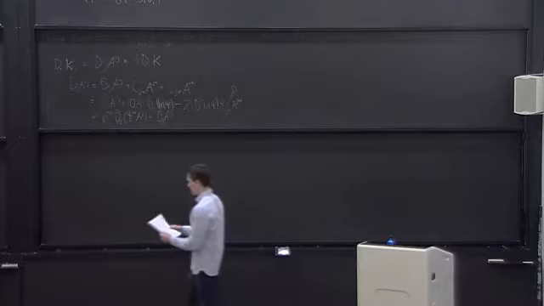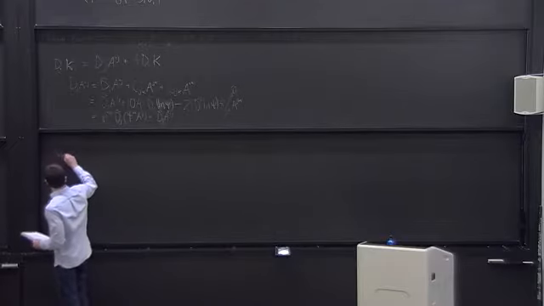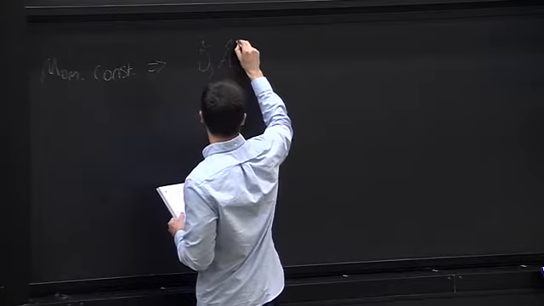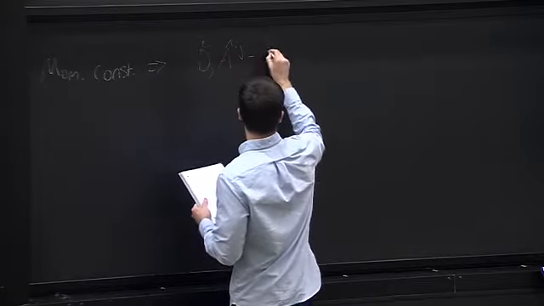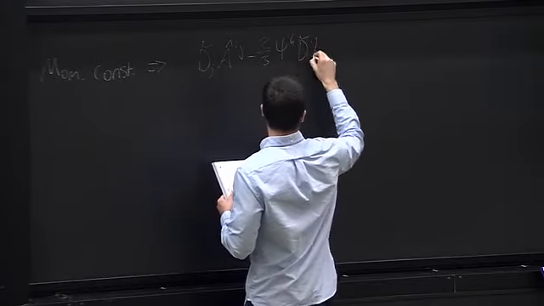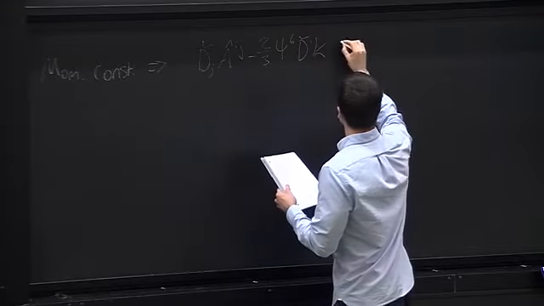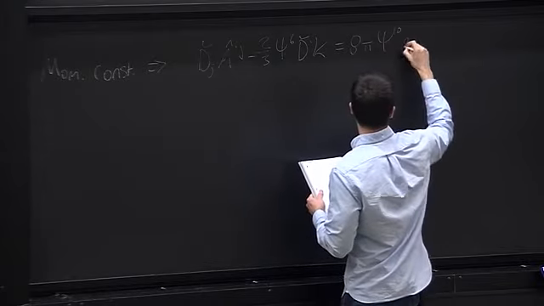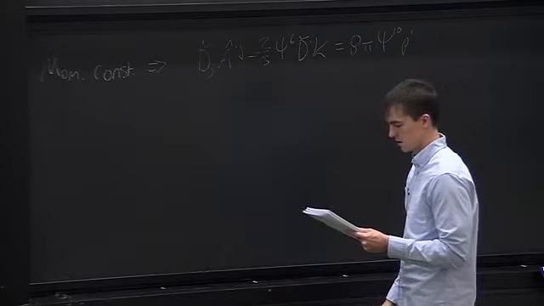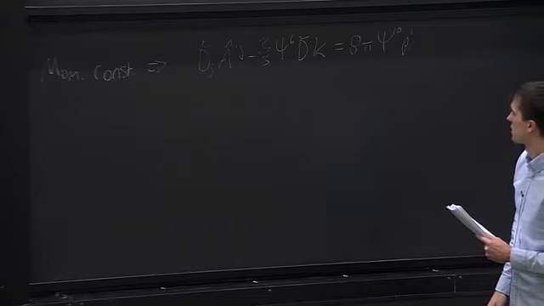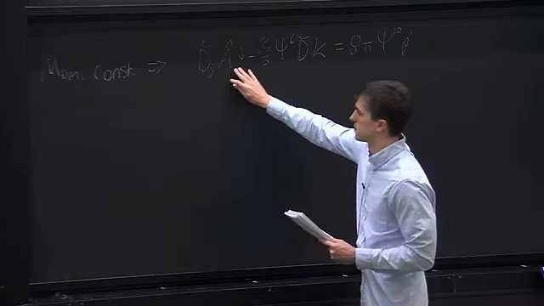Okay, so what does our momentum constraint look like now? Okay, so things are looking better, but we still basically have some sort of tensor here.